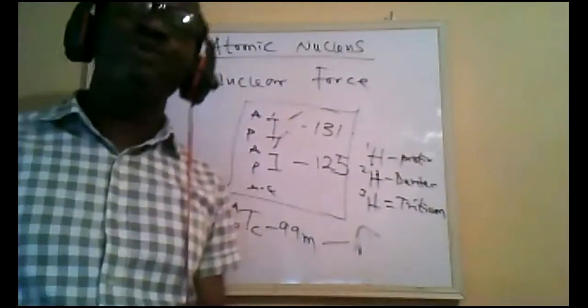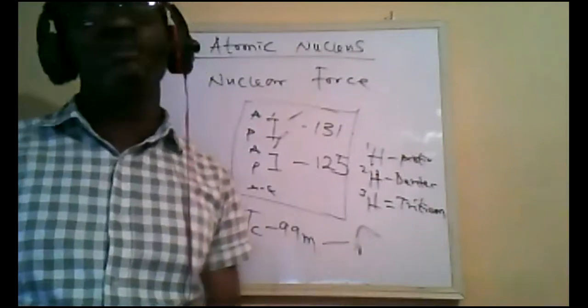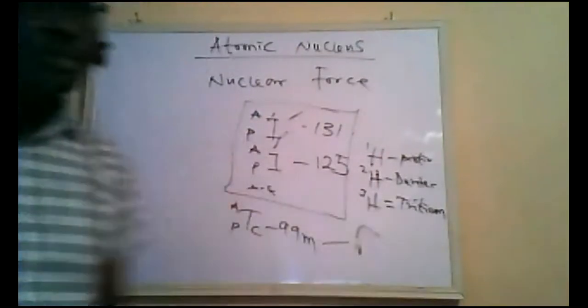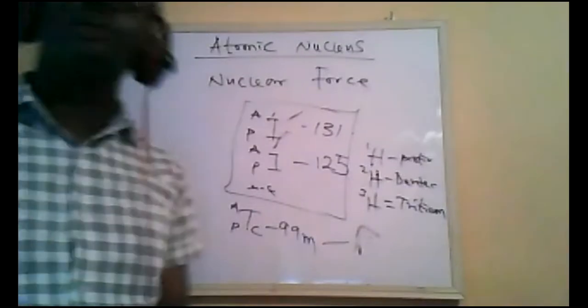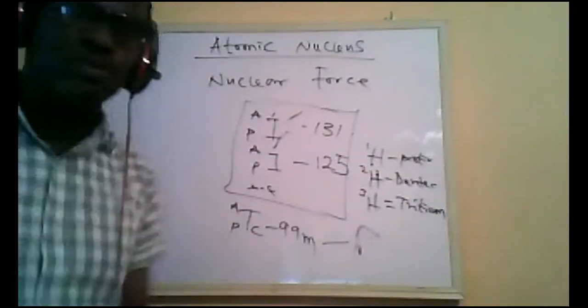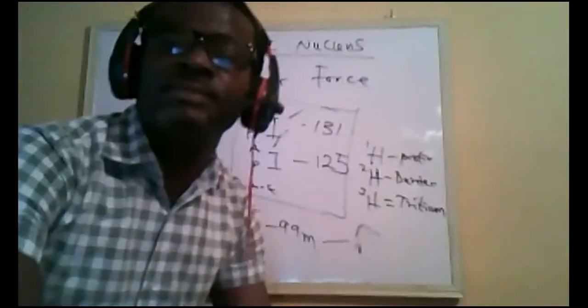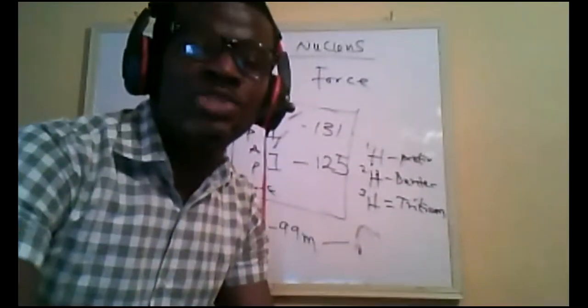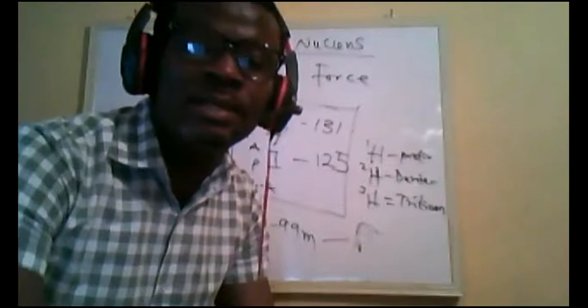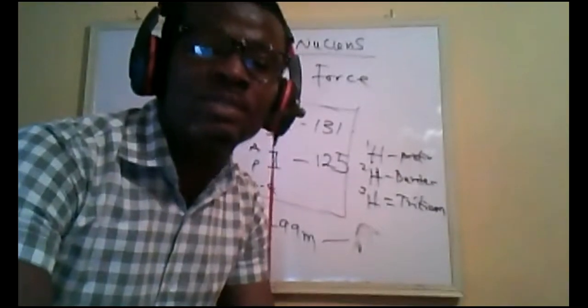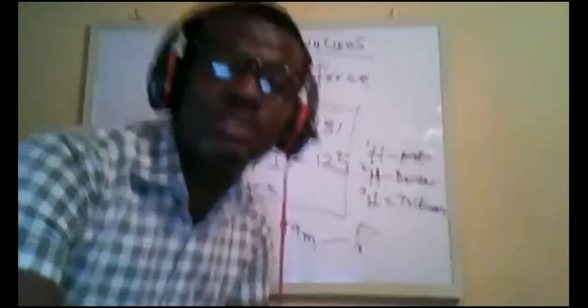We could have ones that have the same proton number, but different combinations of the other subnuclear particles, and so on. Let me just share my screen with us.